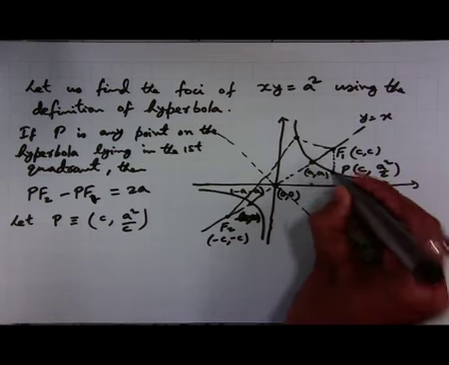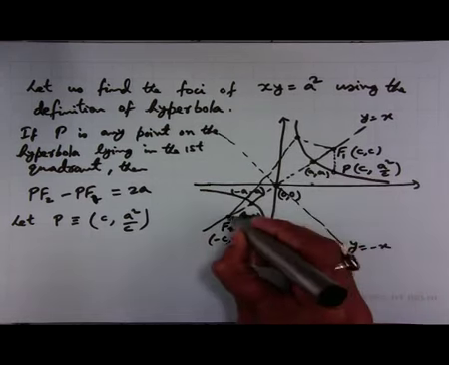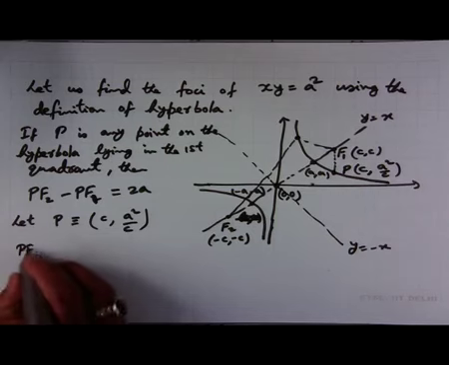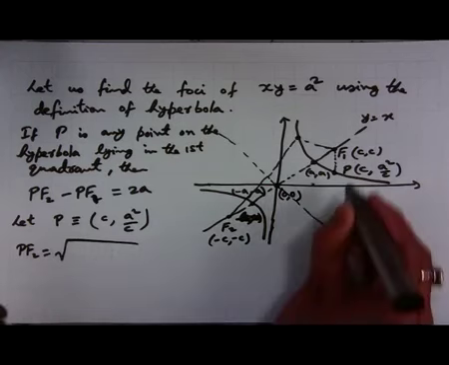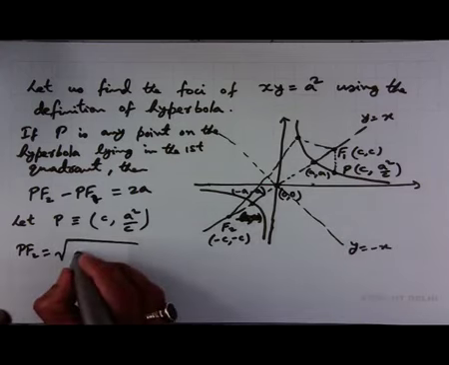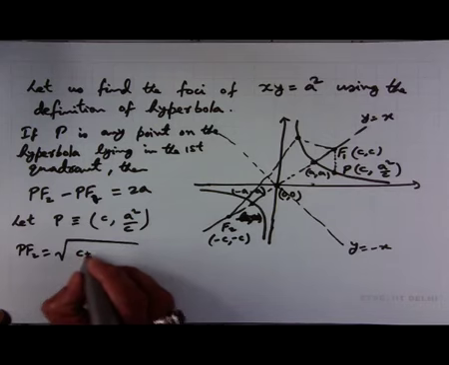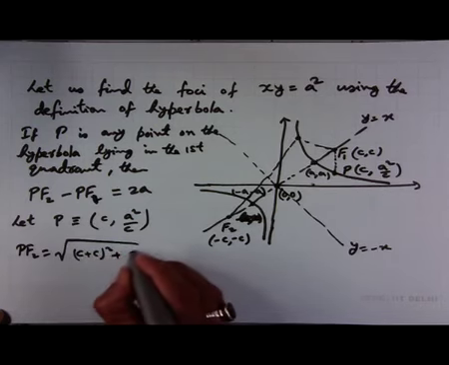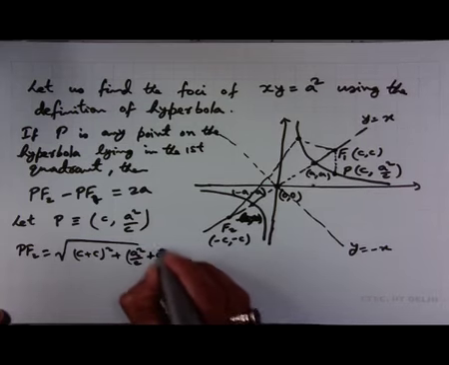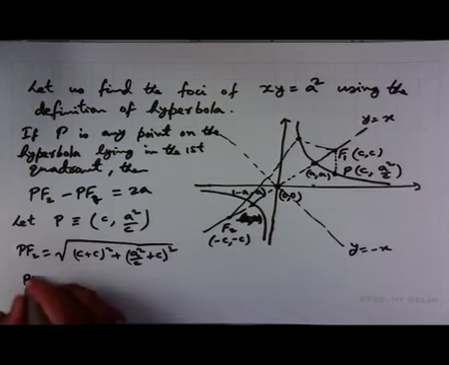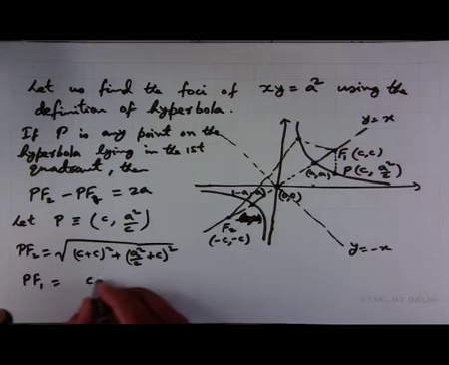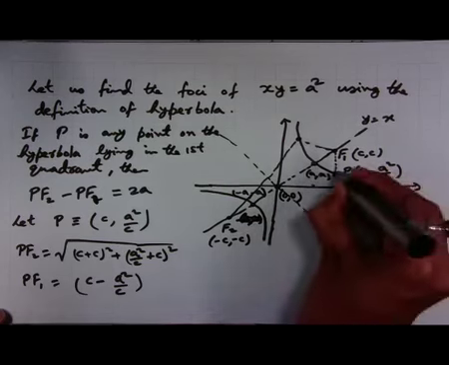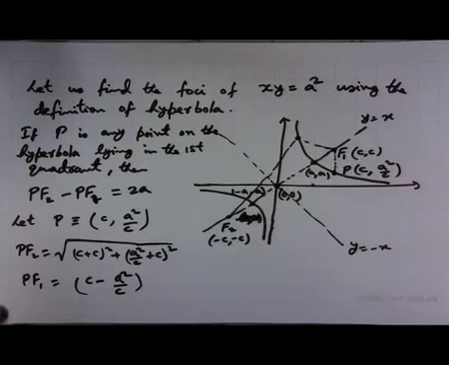Now, if I calculate the distance of this point to F2, P F2 will be square root of c plus c whole square plus a square by c plus c whole square, and P F1 is equal to c minus a square by c, because this has the same x coordinate. So, P F1 is this.